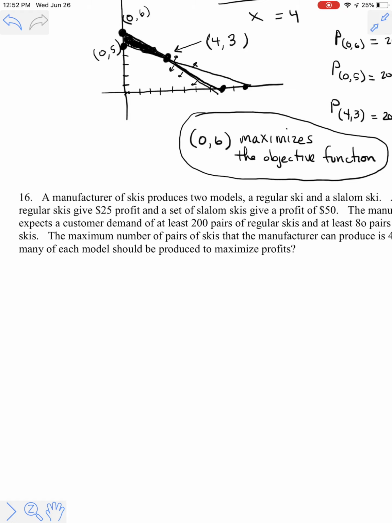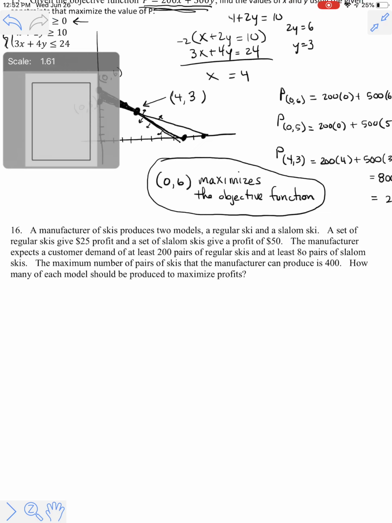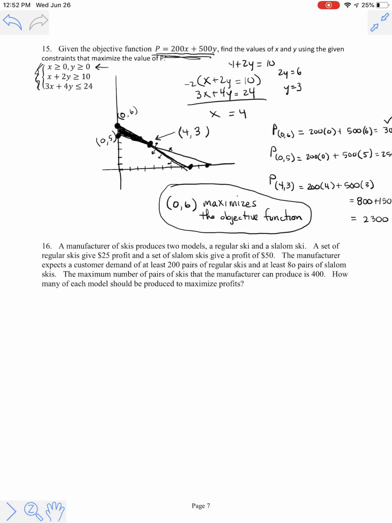So I'm going to set up a profit statement here. Well, first let's define variables.